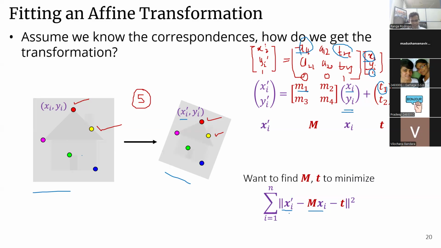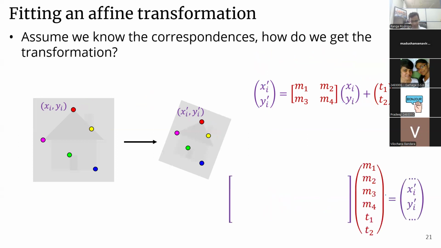Remember, this boldface xi prime means xi prime, yi prime, and boldface xi means xi, yi there. Okay, now we know what to minimize, but we had to write it in a different manner to do that.